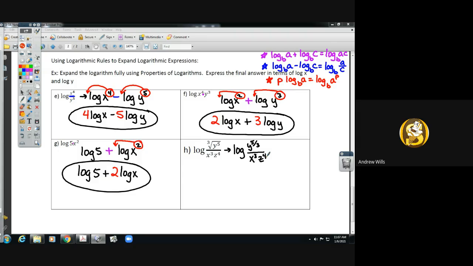Then we have to see the division symbol and recognize the quotient rule. We break that up into two logarithms: log of y to the 5/3 power minus the log of x to the 3rd z to the 4th.